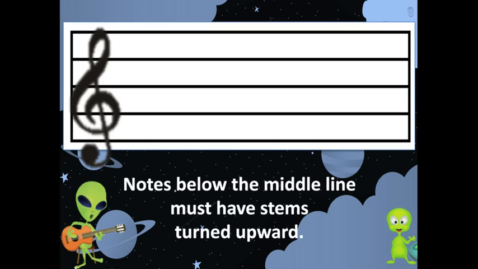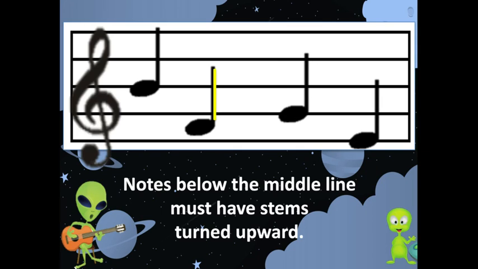Notes below the middle line must have stems turned upward. You always can choose on the middle line whether a stem goes up or down.